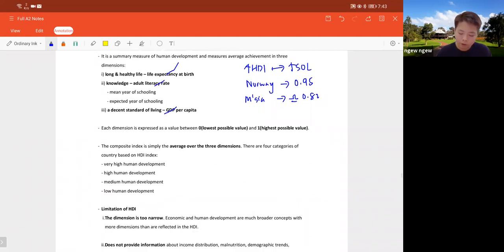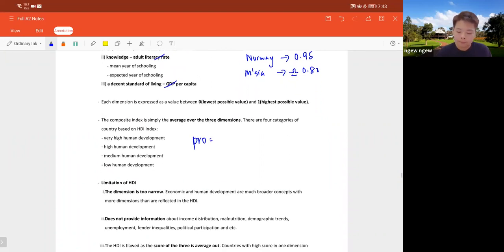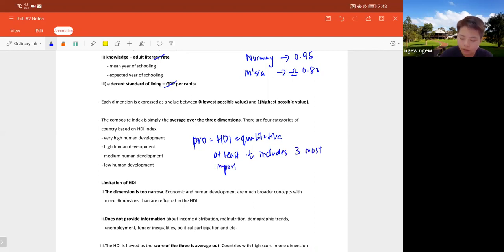And of course, when we talk about the pros of HDI, HDI is a qualitative measure, and HDI is better than GDP because at least HDI includes the 3 most important aspects of SOL.